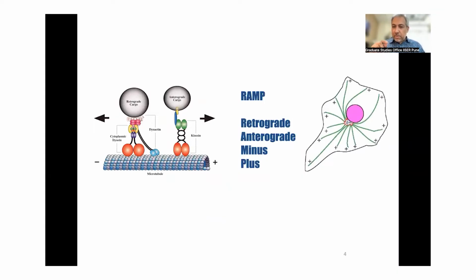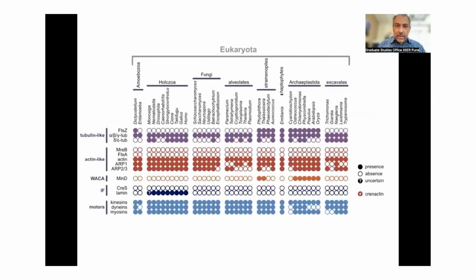The term to remember is ramp, which is retrograde, anterograde. Retrograde is towards the minus end, anterograde is towards the plus end, right? So if you remember ramp, you will never forget which direction towards the plus end is called anterograde, towards the minus end is called retrograde, right? And you know what the orientation of the plus and minus ends are. So it's this movement that we're going to talk a bit about today, right?